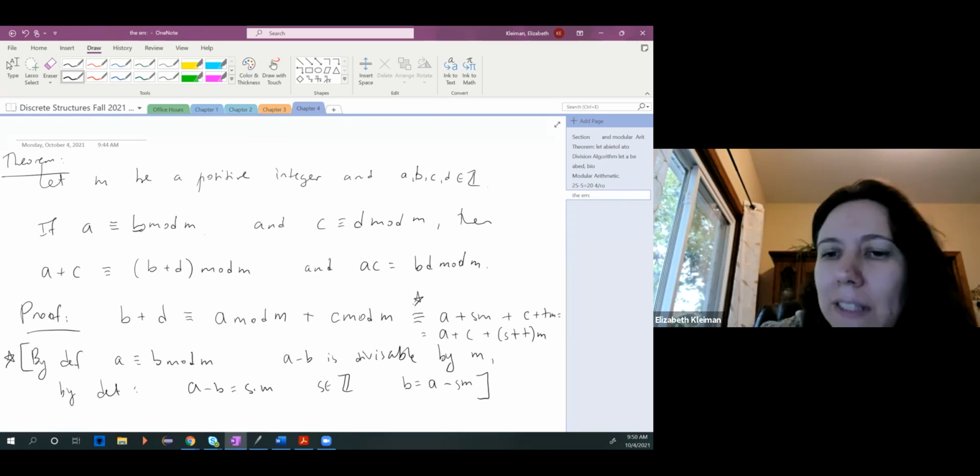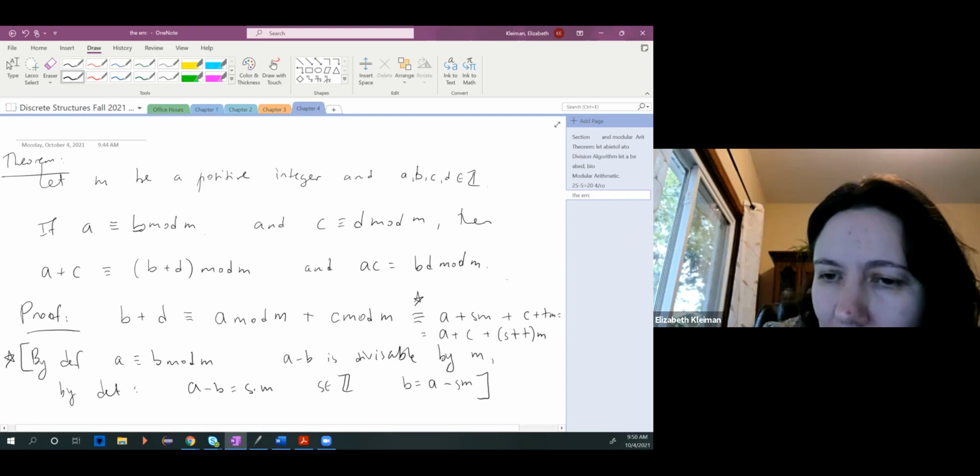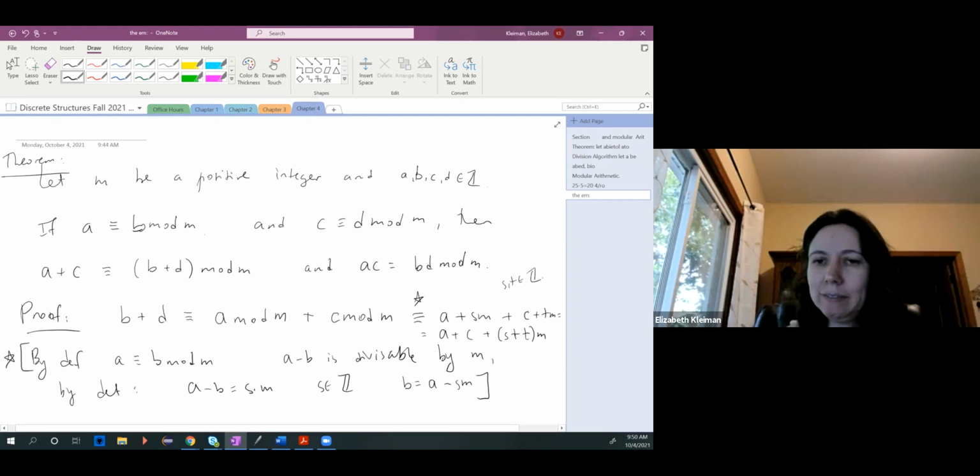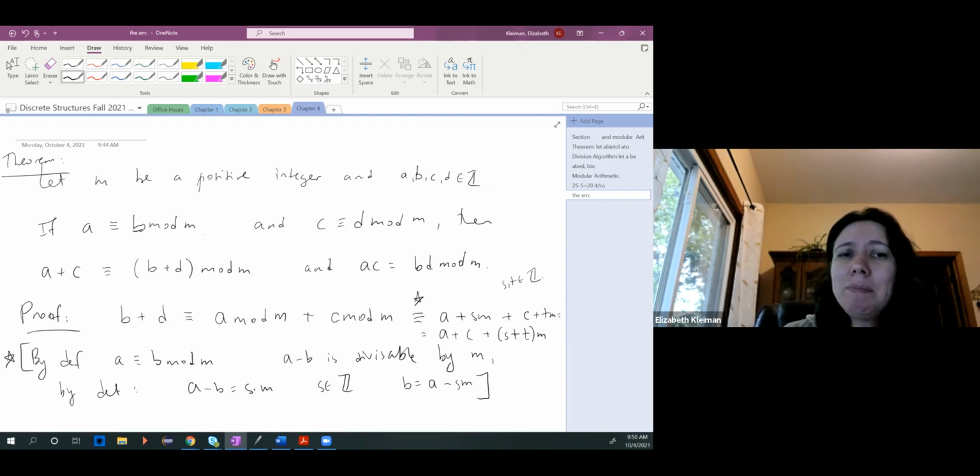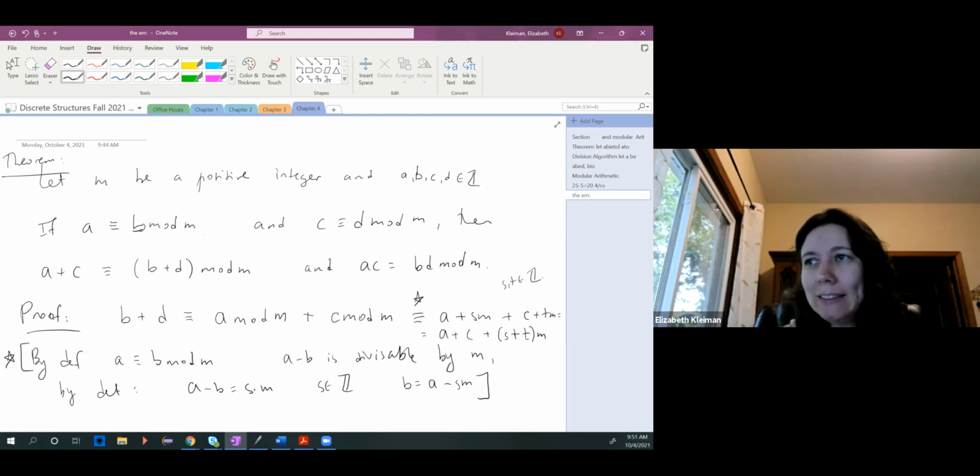And I can do a thing like that for some integers, correct? They exist. But this is actually the same as saying B plus D minus A plus C is divisible by M, correct?